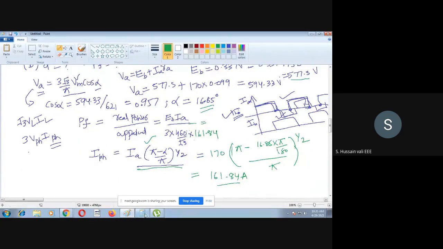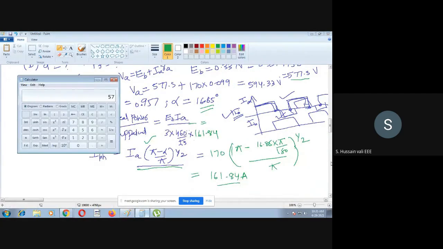So 577.5 multiplied with 170, divided by 3, divided by 460.